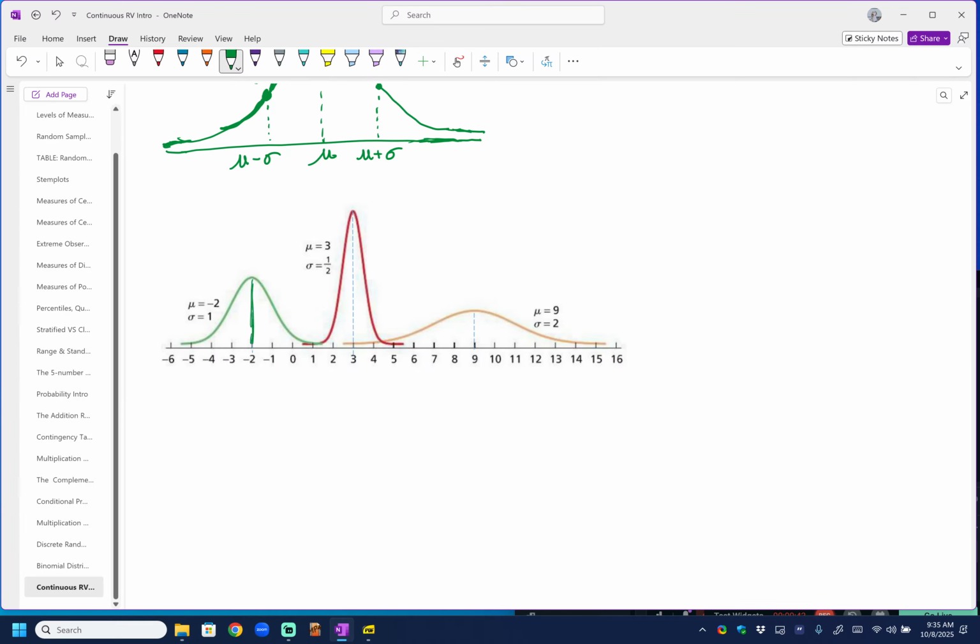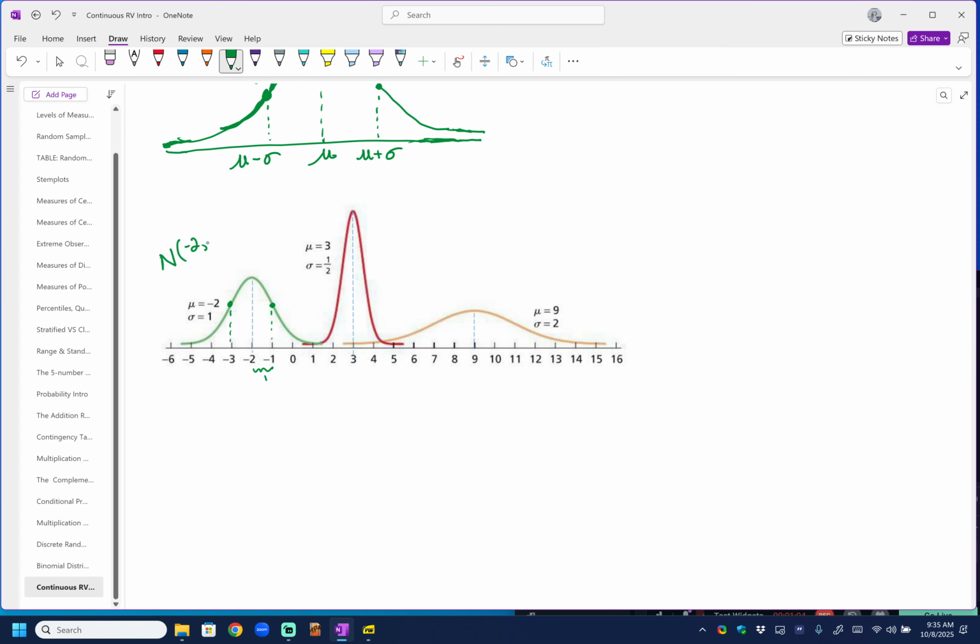It has a standard deviation of 1, which means the inflection points are probably going to be right here and here to create our first standard deviation marker. If we know this is normal, which we're going to assume here, we would say that this is a normal curve, -2, 1.